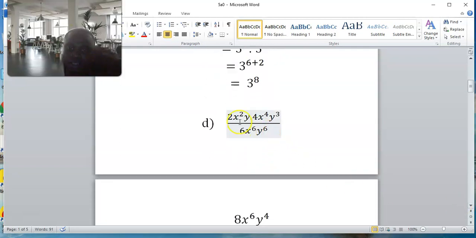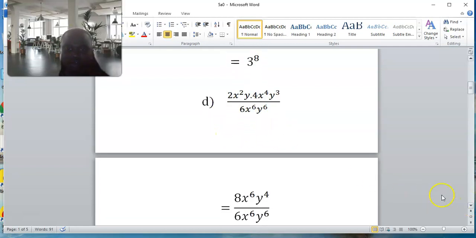Then this also, we have 3 exponent 3x squared y dot 4x to the power 4 y exponent 3, all over this denominator. We need to simplify it. How do we simplify it? Consider the coefficients. We have 2 and 4. So we have 2 times 4, which is 8.